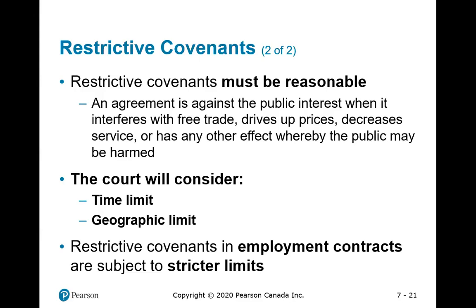Whether the restrictive covenant is valid or not, whether it is reasonable or not, lies on the party that benefits from those restrictive covenants. In other words, the burden of proof is on the party that benefits, usually the buyer. So I am buying the pet shop from you. You cannot compete. You cannot solicit.